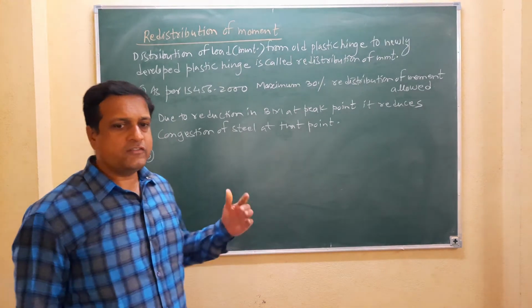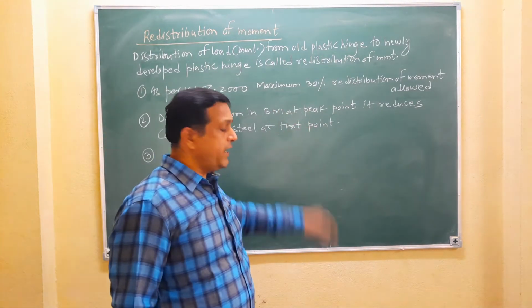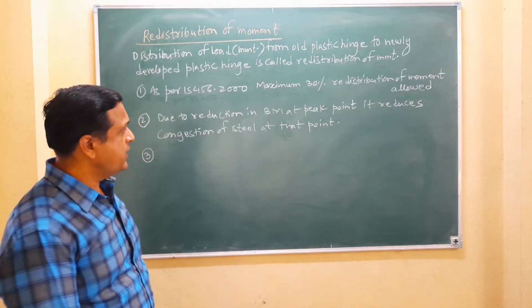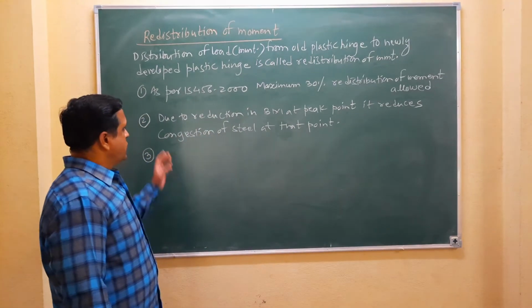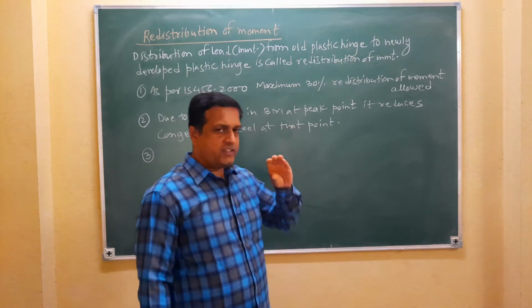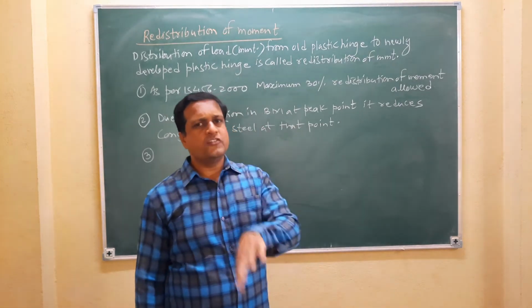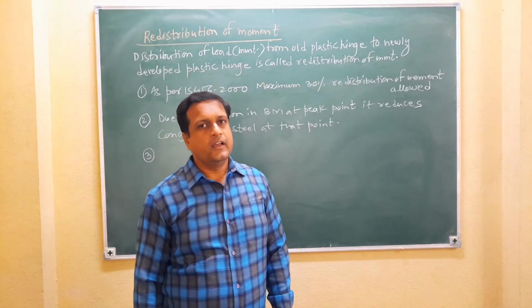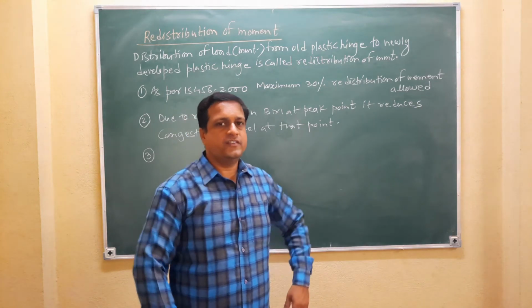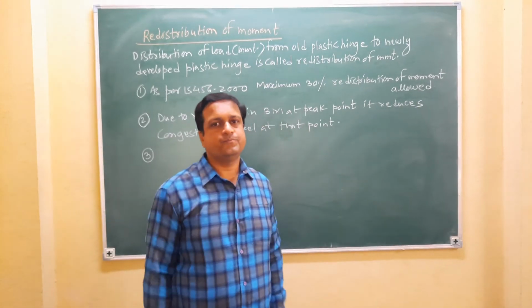If you want to write down some theoretical part, you have to write down all these things. So if we reduce the bending moment at the peak point, that means on support, it reduces the congestion of steel at that point.